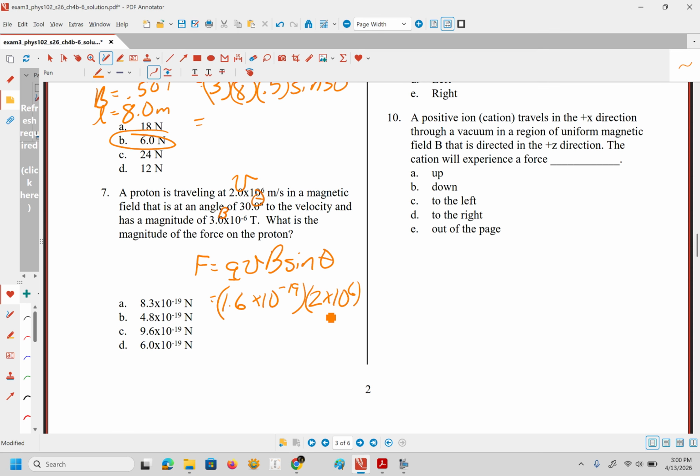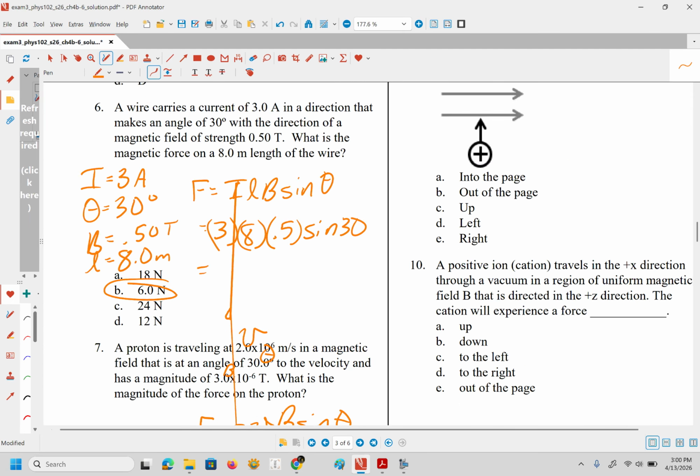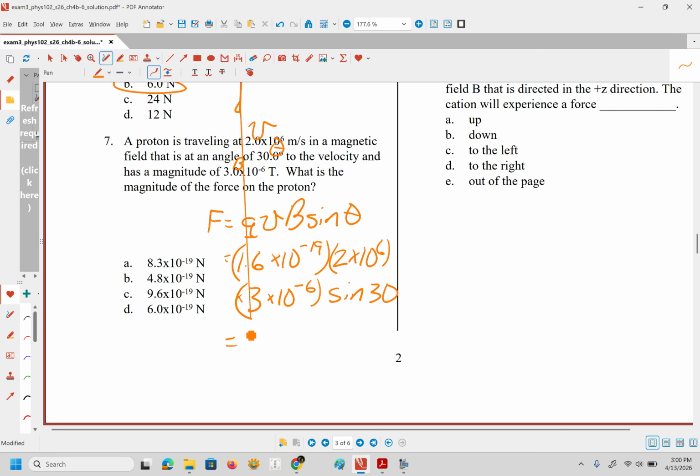And B is 3 times 10 to the minus 6, times sine of 30. So if I do all those, I get 4.8 times 10 to the minus 19 newtons. So B is the right answer for number 7.